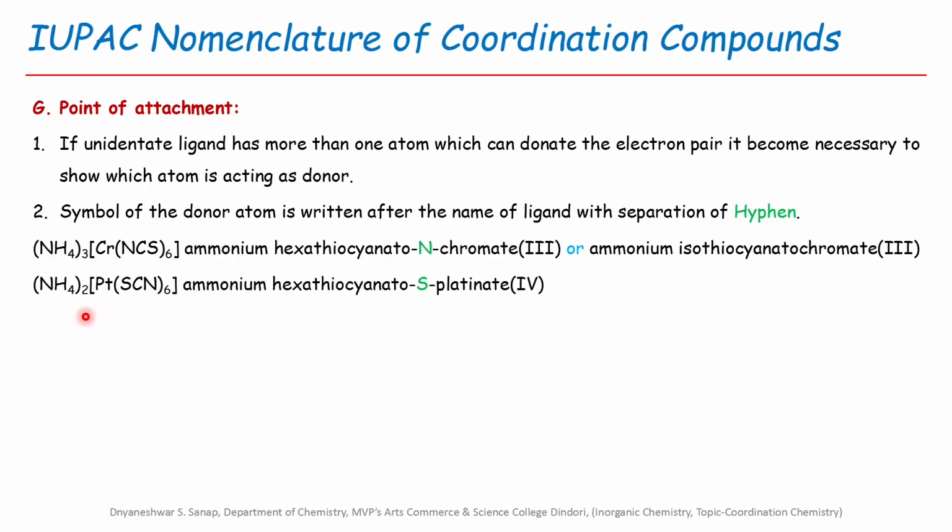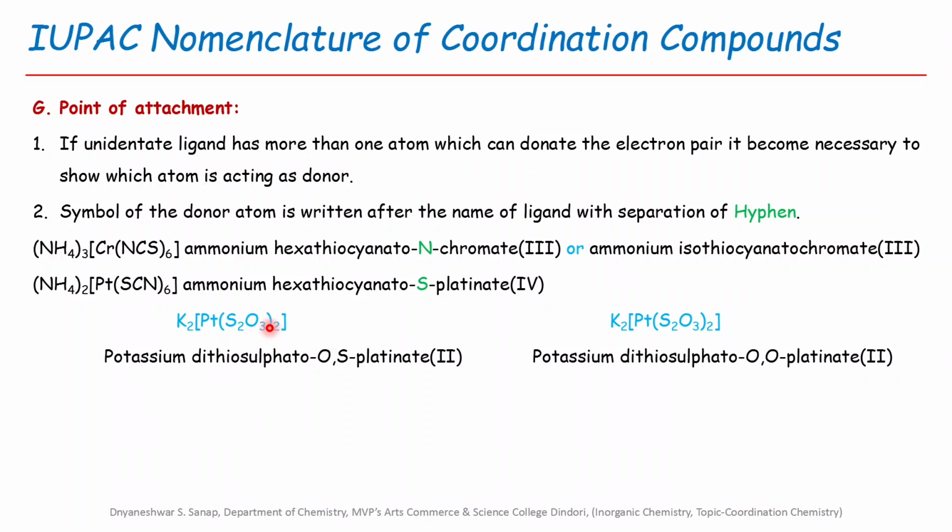The second example is ammonium hexathiocyanato-S-platinate(IV). Here the same ligand is present, but the donor atom is sulfur. That's why we write S between the name of the ligand and the name of the metal ion, separated by a hyphen. Another example is K2[Pt(S2O3)2].